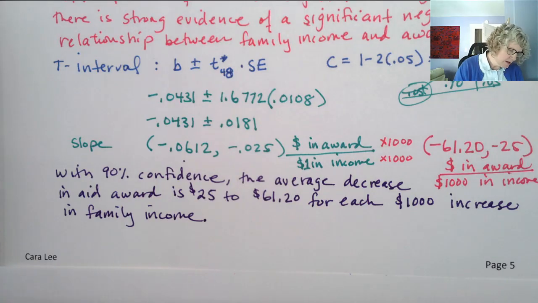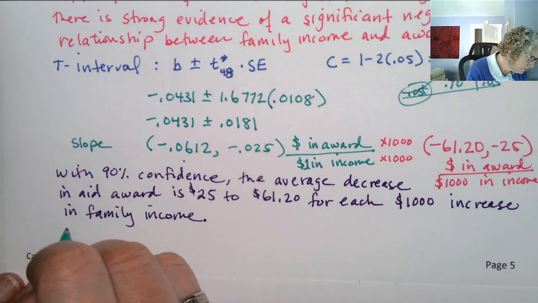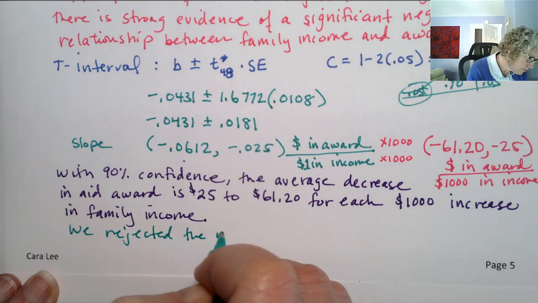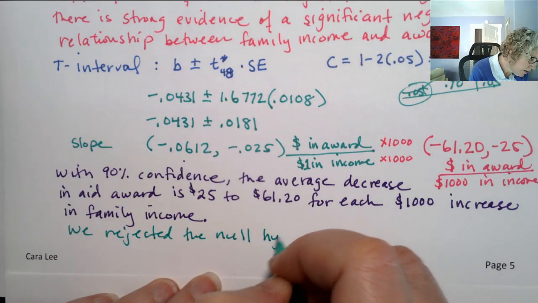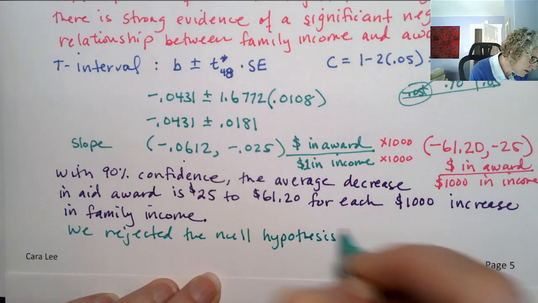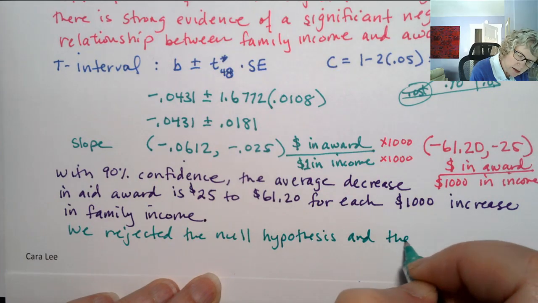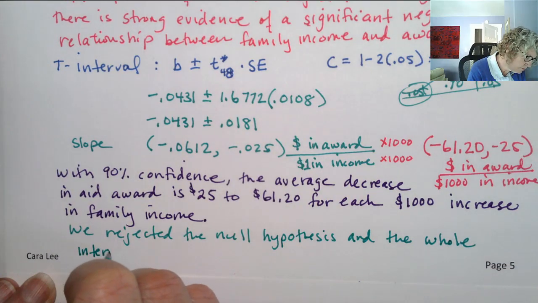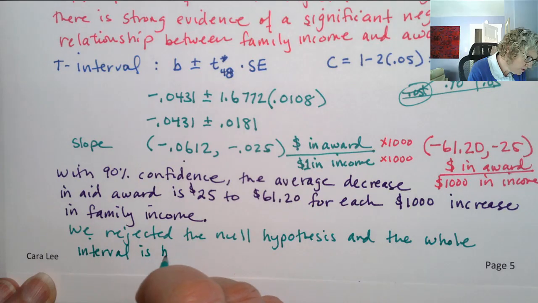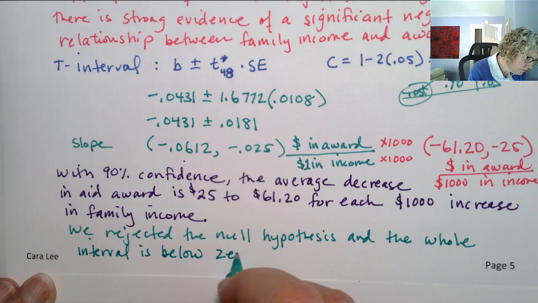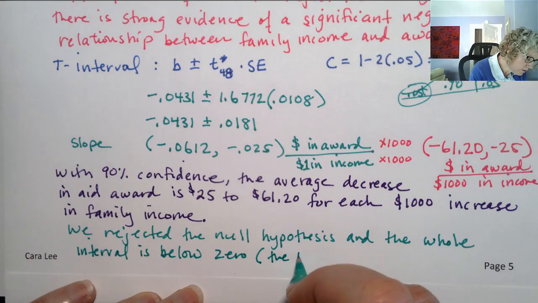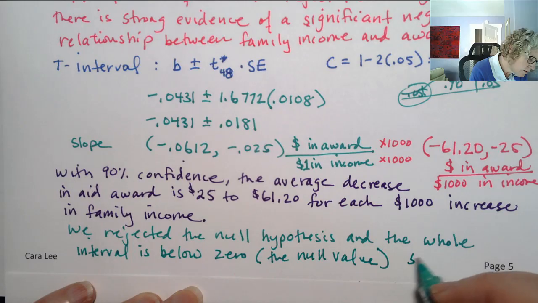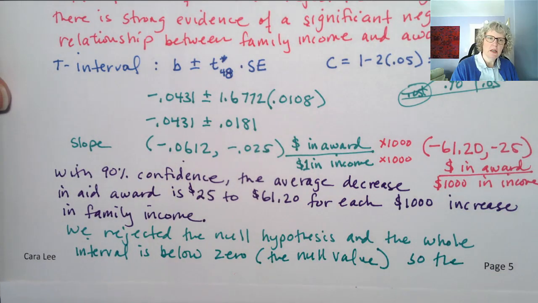So I'm going to write that we rejected the null hypothesis, and the whole interval is below 0, the null value. So the two methods agree.